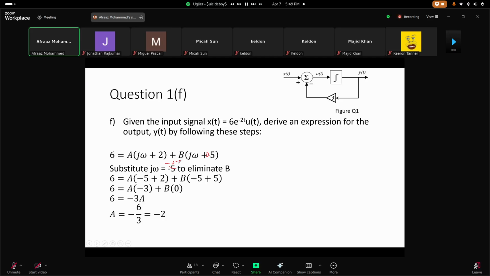Whatever the value is that you're trying to eliminate, you substitute the negative of what is in the bracket. So this was positive 0.5, you substitute j omega equals negative 0.5, and that will very easily set the value to 0 and eliminate it.